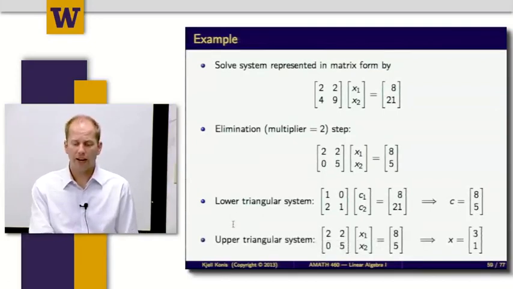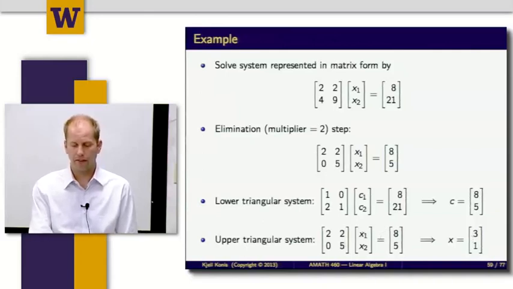And then my upper triangular system, now I have the 8, 5 on the right-hand side that I got from solving my lower triangular system. Well, that's exactly what I wanted to have here in my elimination. And now I only have to do the back substitution to find that x is equal to 3, 1.